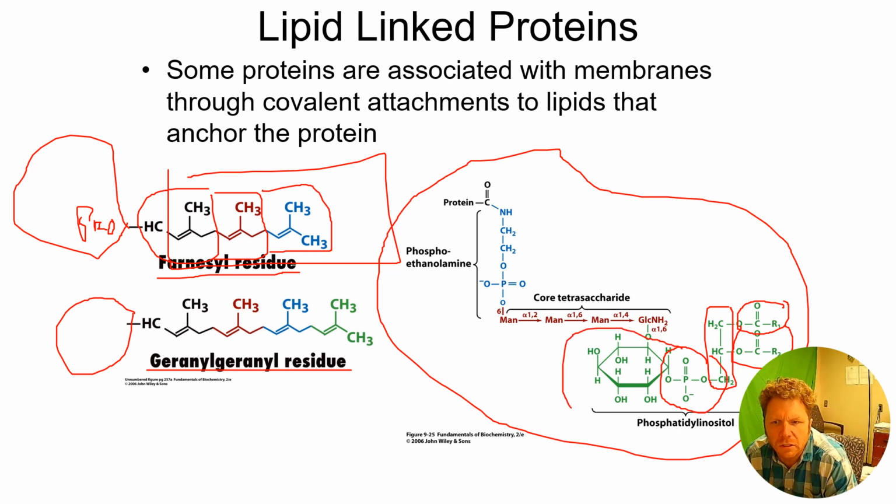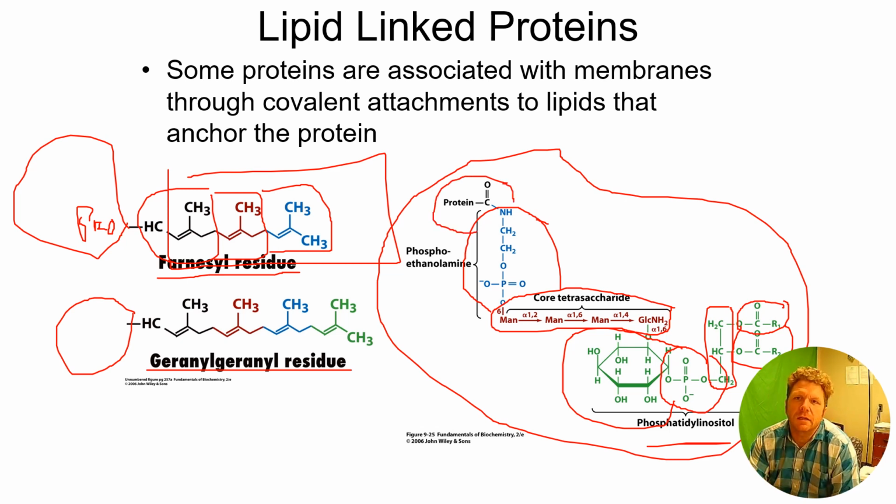Oh, and there's an inositol head group. So now we've got a phosphatidyl inositol, which is written down there. And from that phosphatidyl inositol, there can be a 4 sugar long link that then connects a phosphoethanolamine group to a protein.